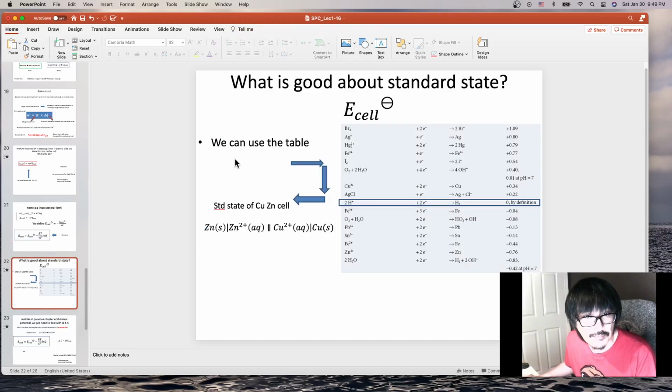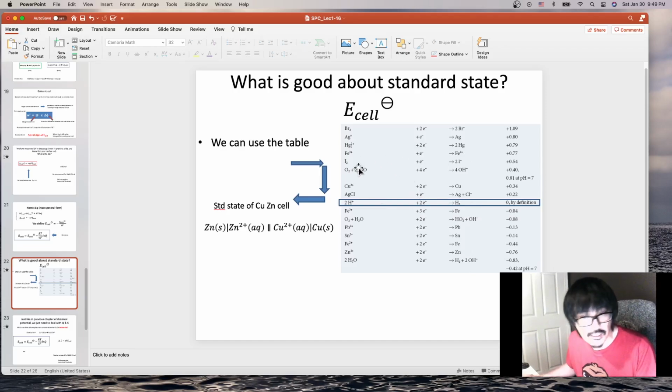Then you can actually tabulate those voltage values. And if you have the gigantic table of these values right here, then you can actually calculate the E cell by just looking at this table. So that's pretty much how you use this table right here.